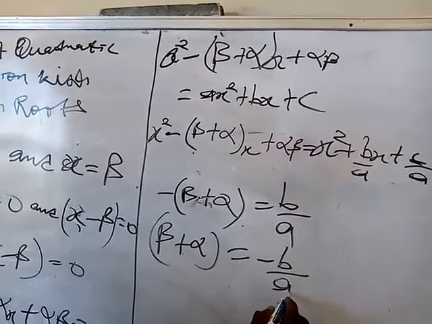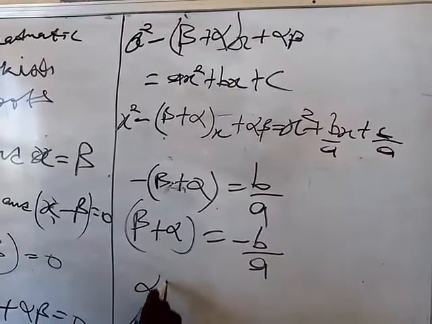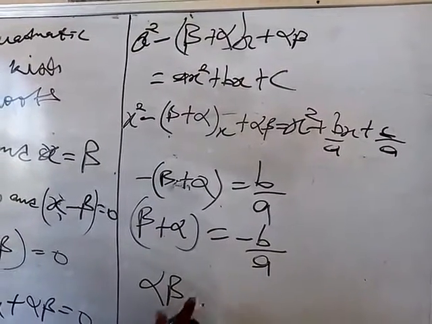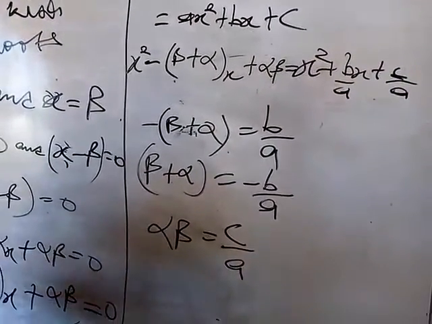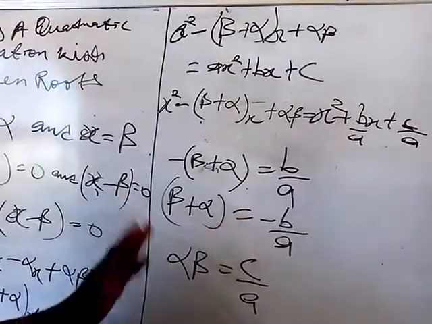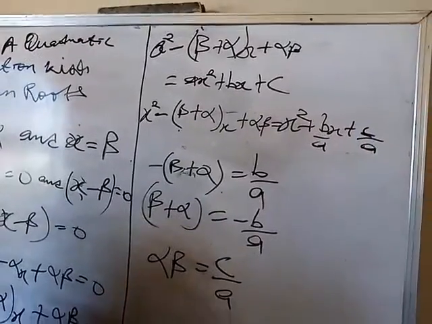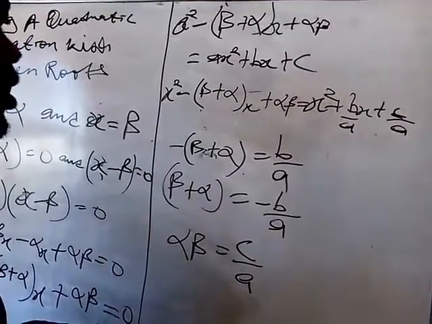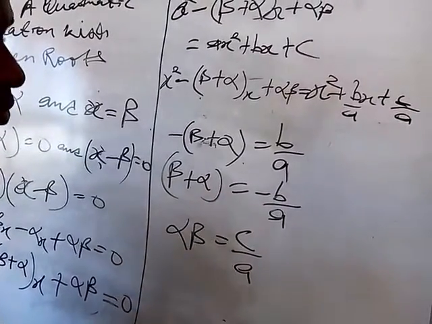The same thing applies here: alpha beta equal to c over a. In any quadratic equation, the first number with x squared is a, the second one with x is b, and the last one, which is a constant, is c.